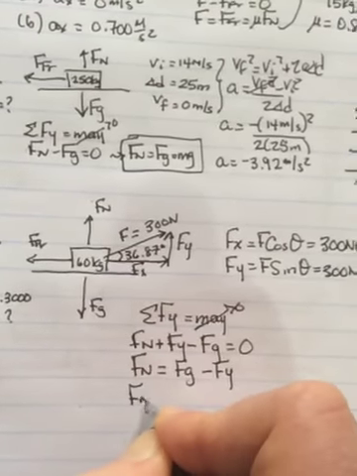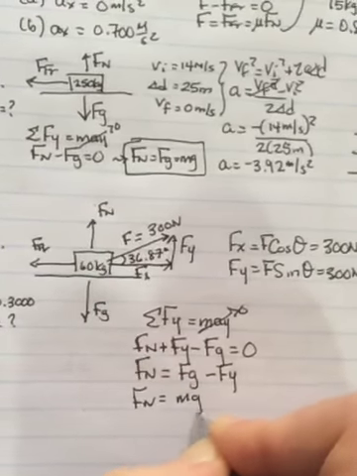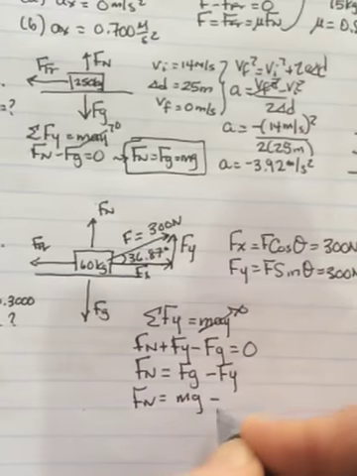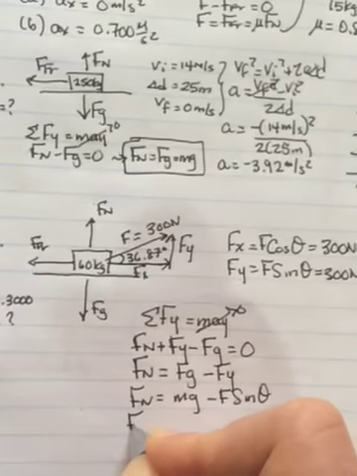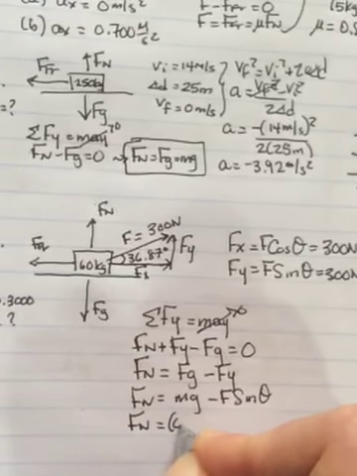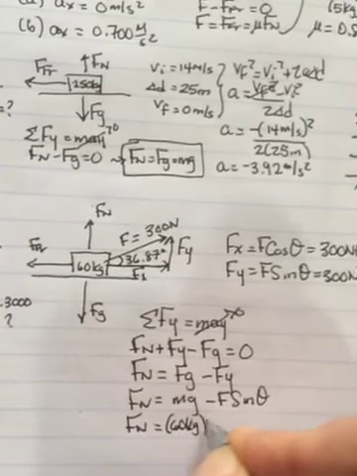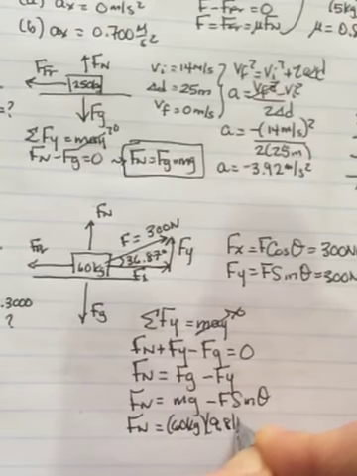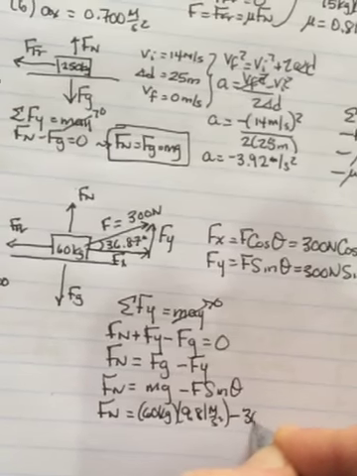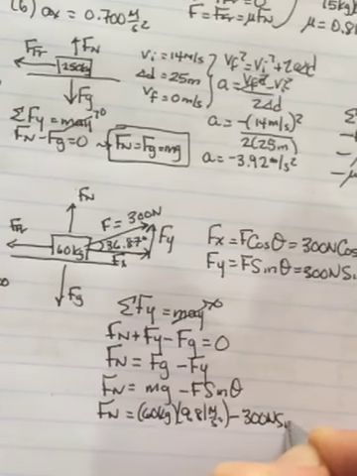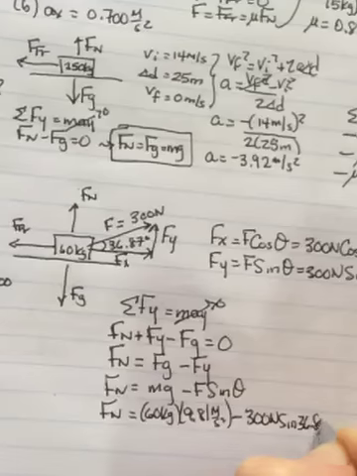And so Fn equals Fg minus Fy, where Fg is mg, and this we set up here was F sine theta. If you actually filled your numbers in, then it would be 60 kilograms times 9.81 meters per second squared, minus 300 newtons sine of 36.87.